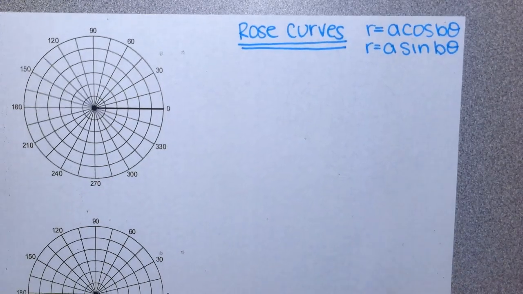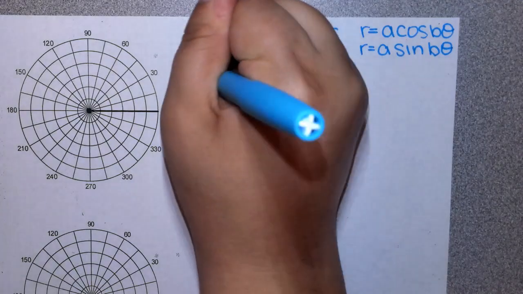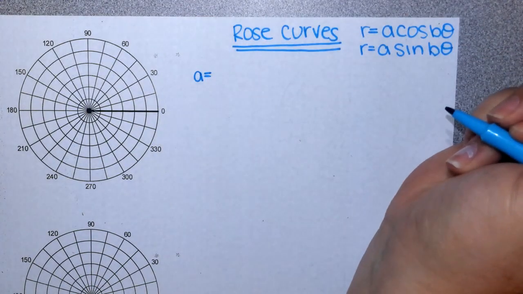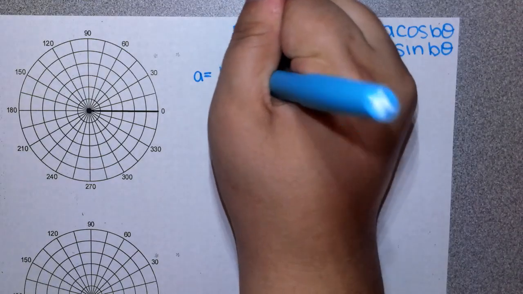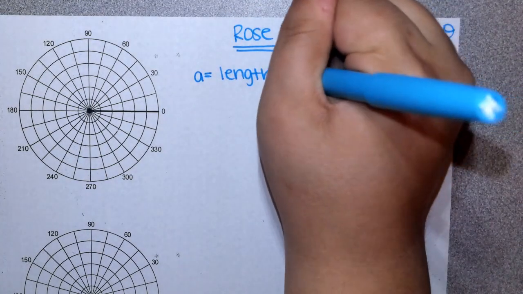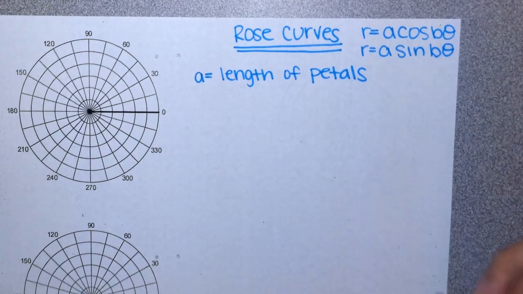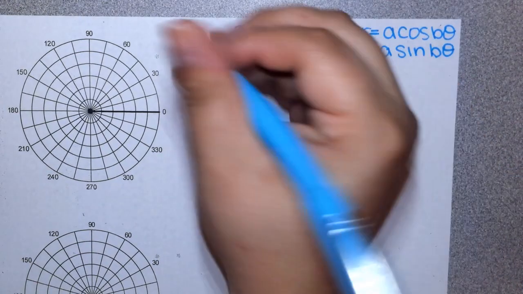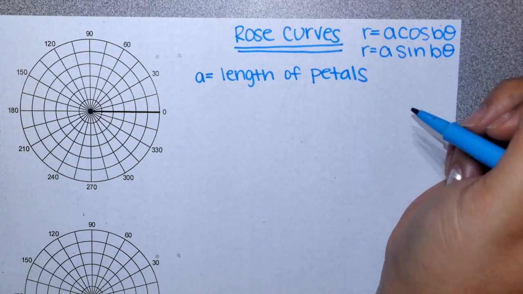So what did we learn about rose curves? What did we learn about A? A was the length of our petals. And what about B? How many rose petals?